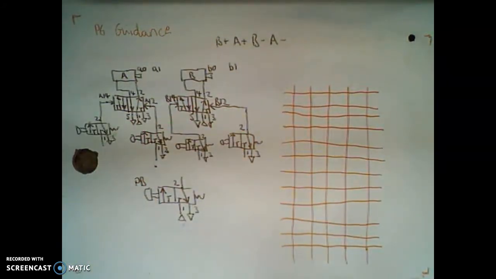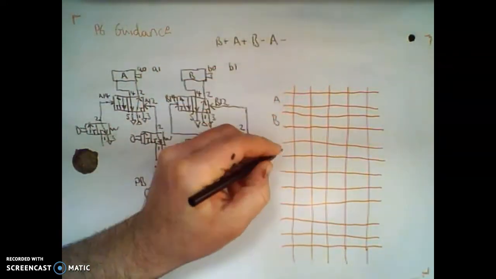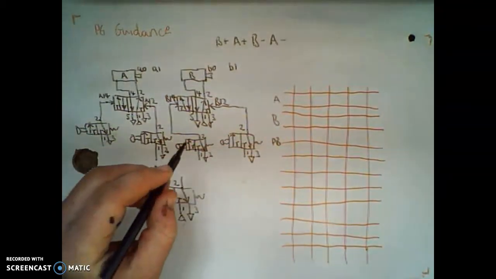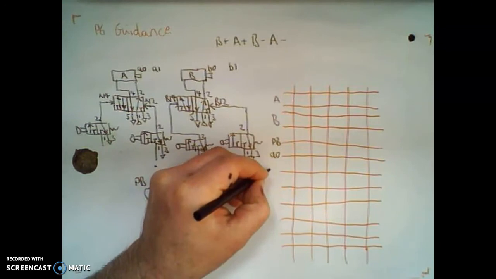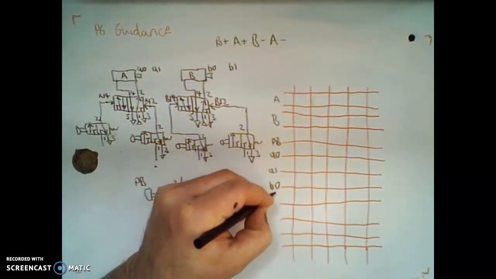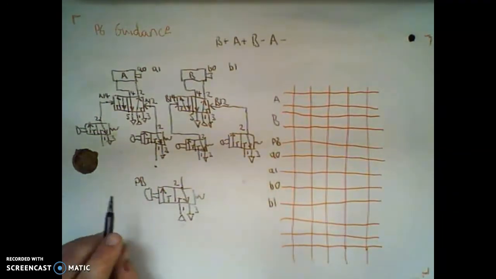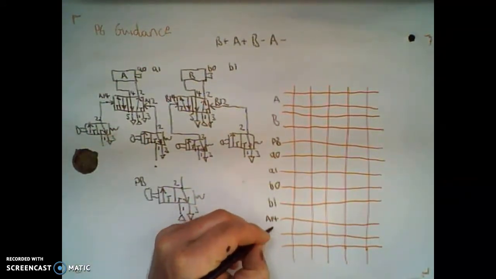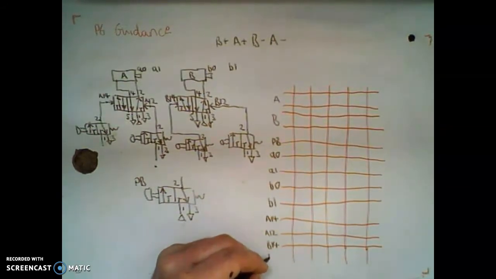So this will be for cylinder A, this will be for cylinder B, this will be for the push button, this will be for A0, A1, B0, B1, and then this line here will be for each of the pilot lines, so A14, A12, B14 and B12.